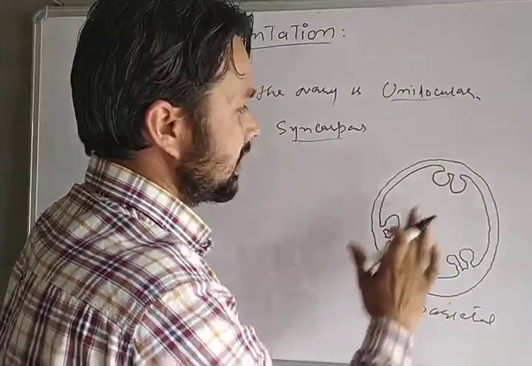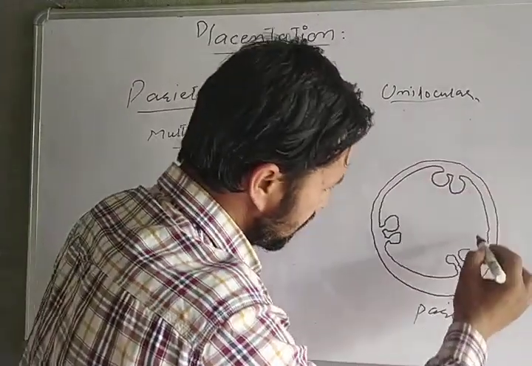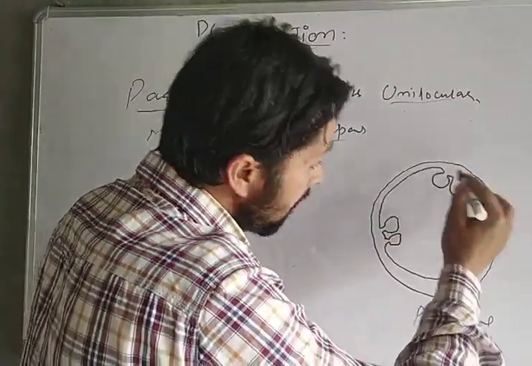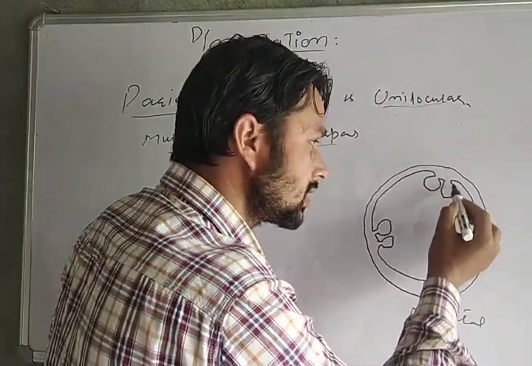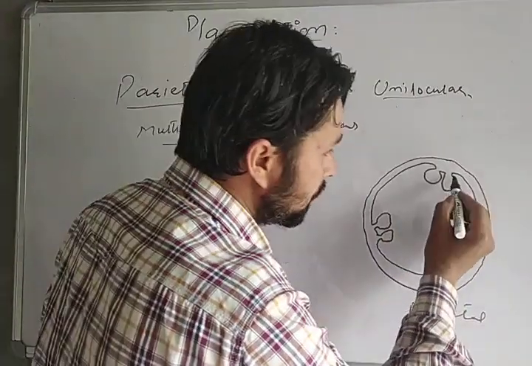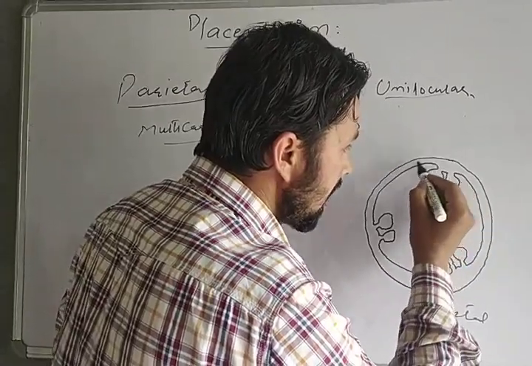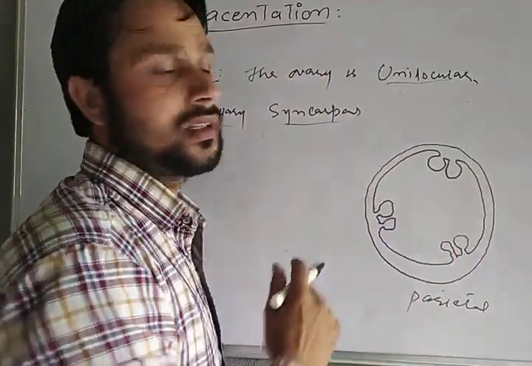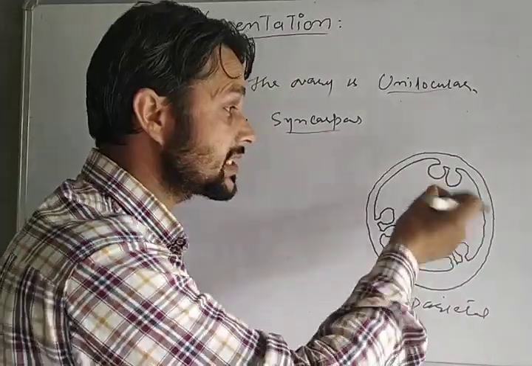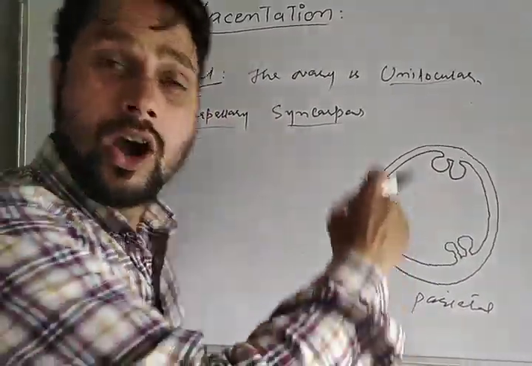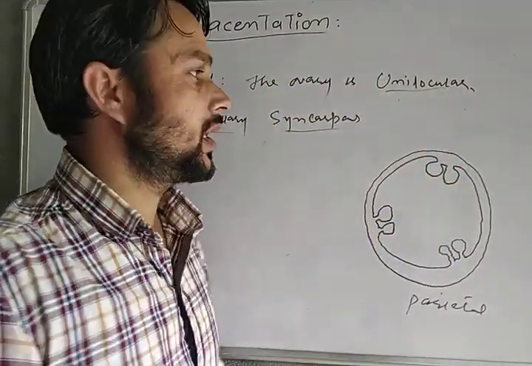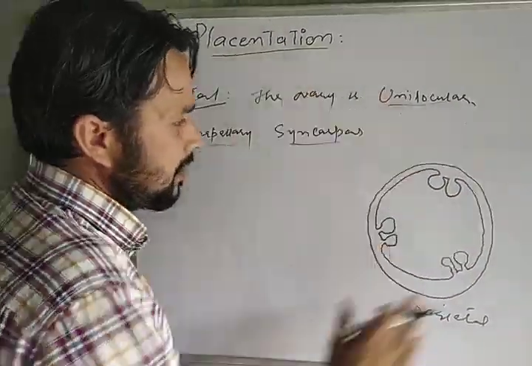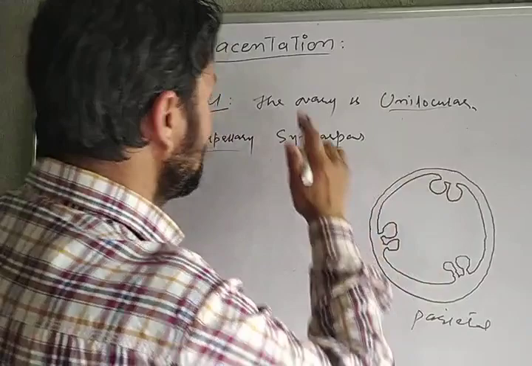Parietal type of placentation, in which this is a unilocular ovary, a multicarpellary syncarpous ovary, where the fusion of carpels happens towards the periphery. We can say the development of placenta occurs by fusion of carpels towards the periphery of the ovary, and this is parietal type of placentation. Okay.